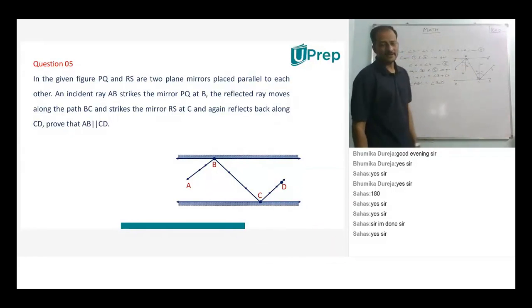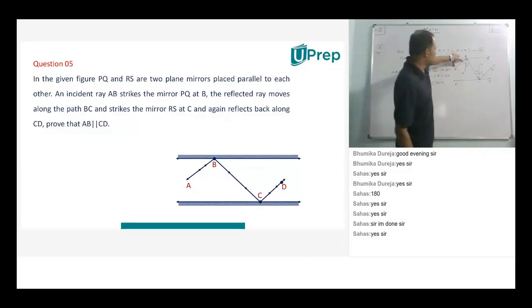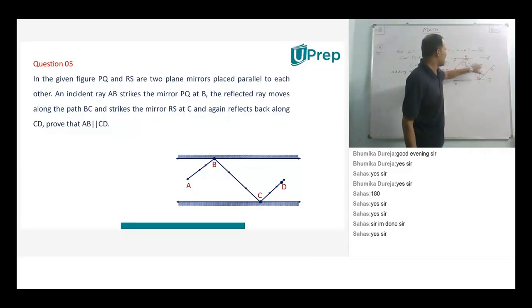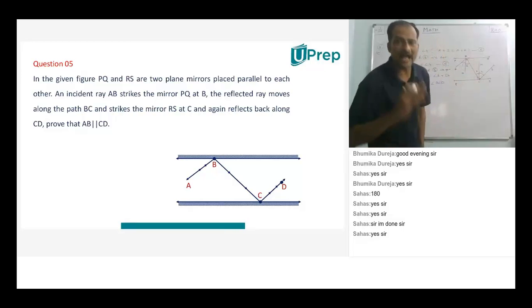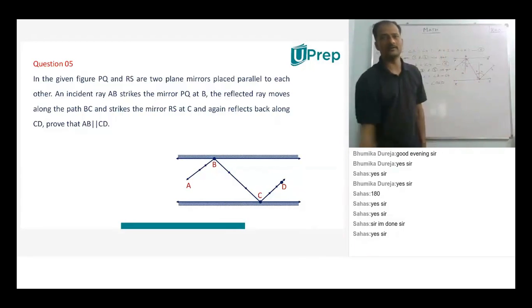Once again I repeat, these are alternate interior angles formed when AB and CD are intersected by the transversal BC, and they are equal.